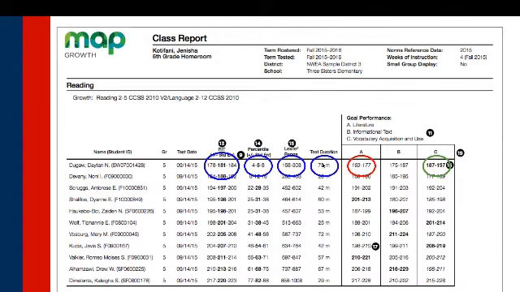This test took 75 minutes for this particular student, and this shows areas of relative strength or weakness. So for example, letter A refers to the literature. That is this student's relative weakness. Their RIT range was 163 to 177. Their relative strength is vocabulary acquisition and use, which was referred to over here. 187 to 197 is their RIT range.